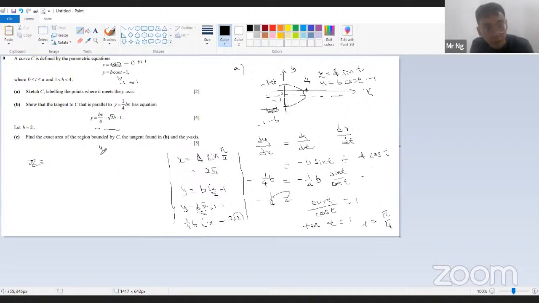Okay, so y equals 1 over b x over 4 minus square root 2 over 2b plus square root. My here doesn't make sense. This thing needs to be minus.